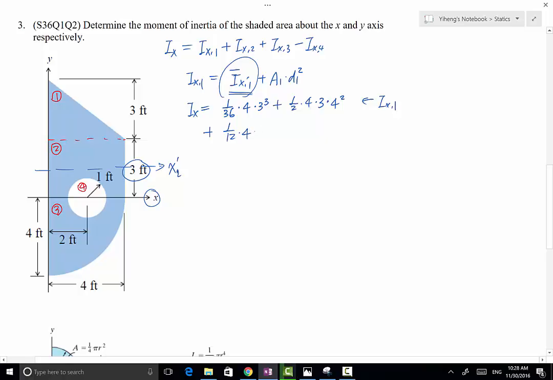B, again, is the same 4, and the height is the same 3 feet raised to the third power. And then using the parallel axis theorem, we start with the area of the rectangle, which is 4 times 3, multiplied by d2 squared, which is this distance right here. That is half of the 3 feet overall height, so that will be 1.5 squared. So this is our Ix2.